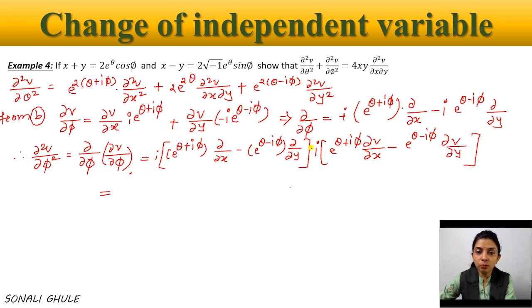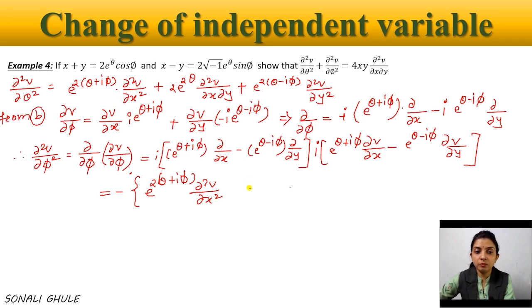So i into i, that is i square, and i square is minus. And if I solve this bracket, if I multiply together, I'll get here e to the power 2 theta plus i phi into dou 2v upon dou x square.